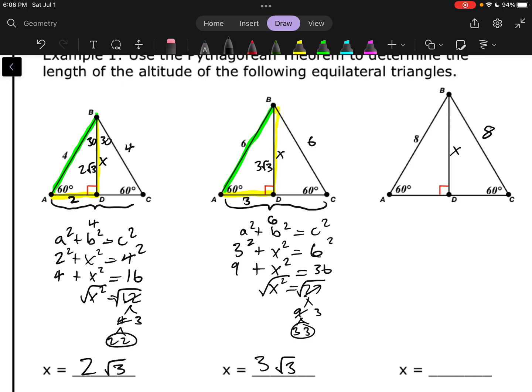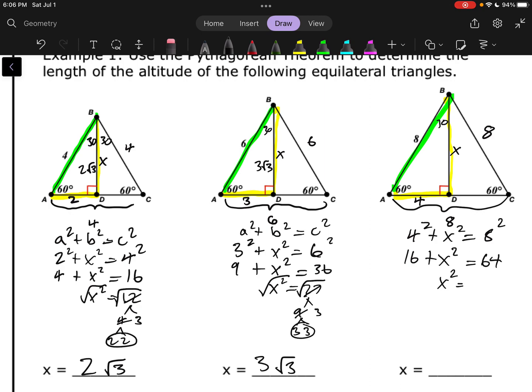And last one here. If all the sides of our equilateral triangle are 8, that means AD there is 4. So we get our legs and our hypotenuse for our 30, 60, 90 triangle. And let's do 4 squared plus x squared equals 8 squared. 16 plus x squared equals 64.